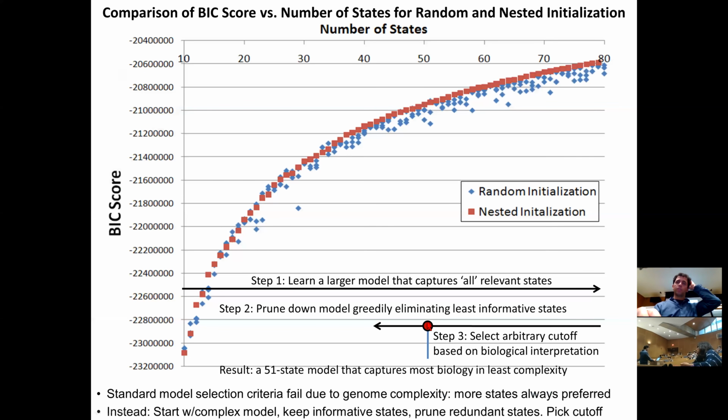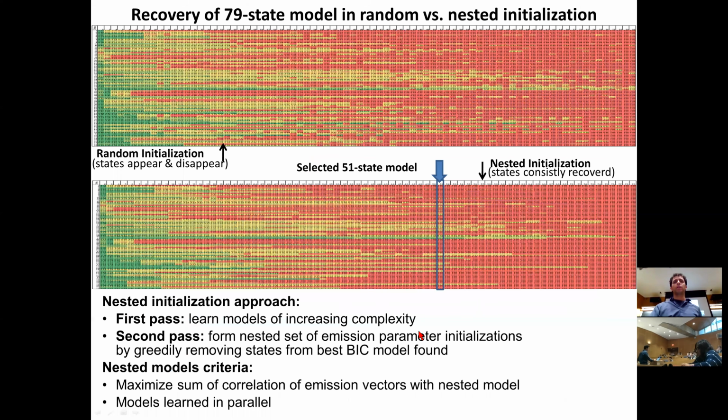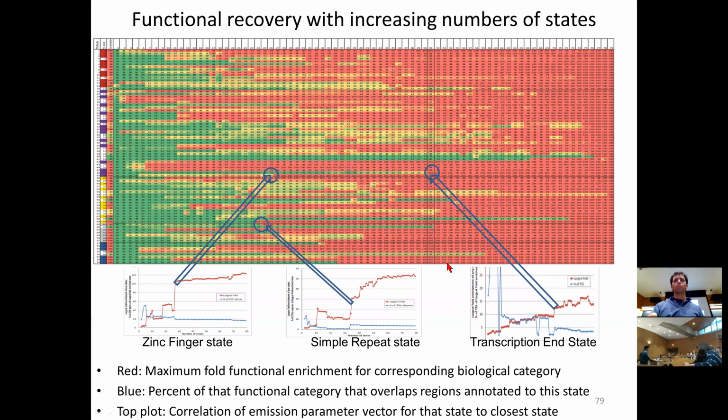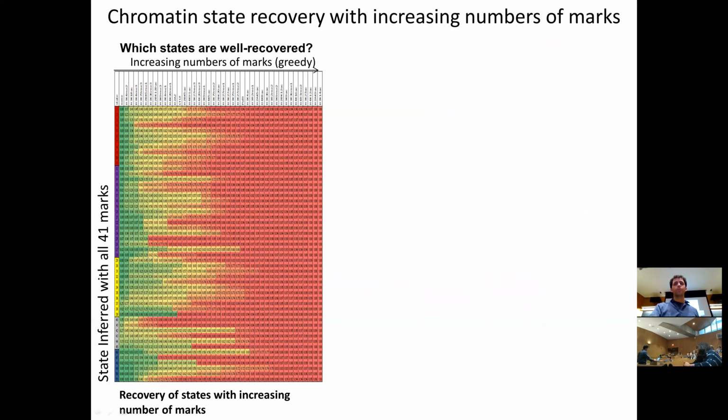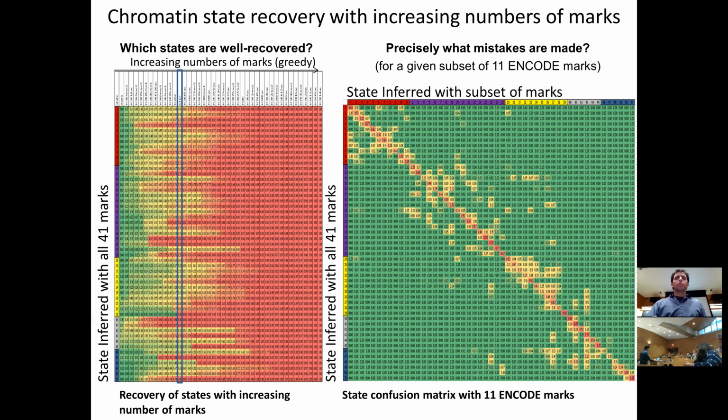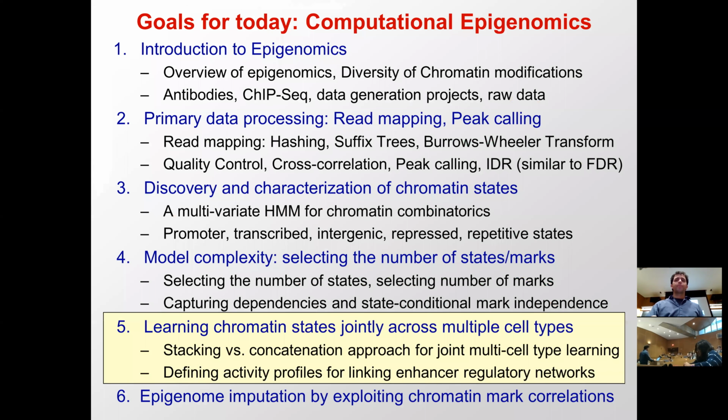But what's really interesting here is that given the, say, 51 chromatin states that I end at here, these 51 chromatin states are much more informative than if I had just selected the first 51 states with random initialization. I wouldn't be able to capture all these chromatin states, but given this model pruning, I'm able to capture them much more effectively. Okay. So that's about selecting the number of states.